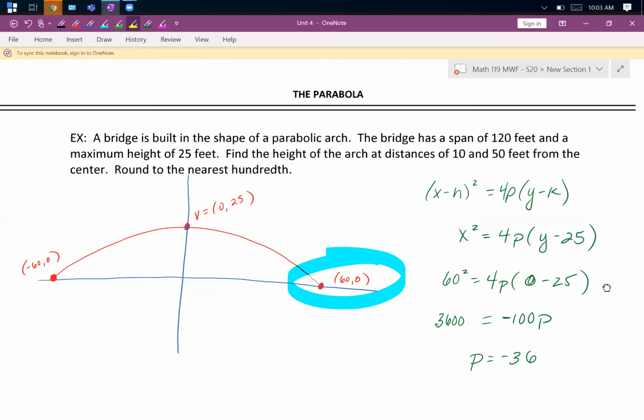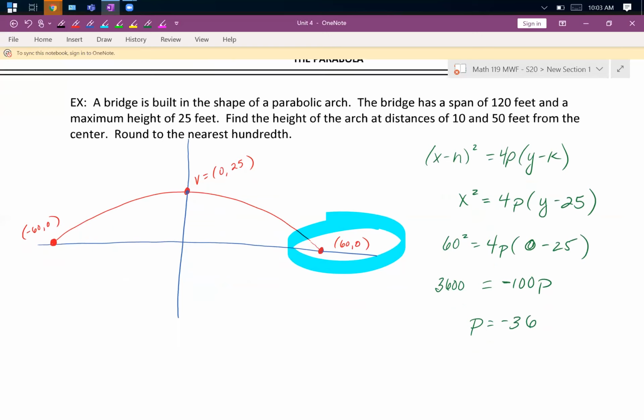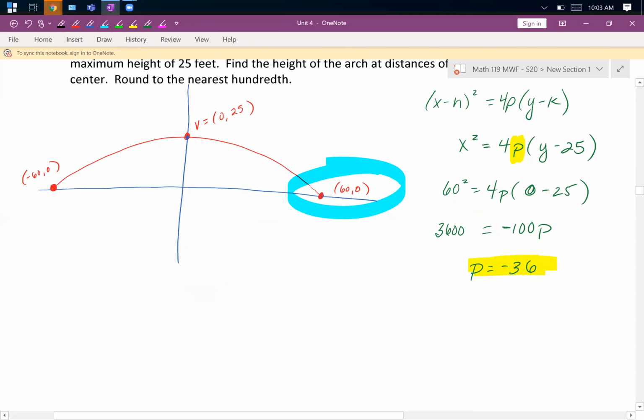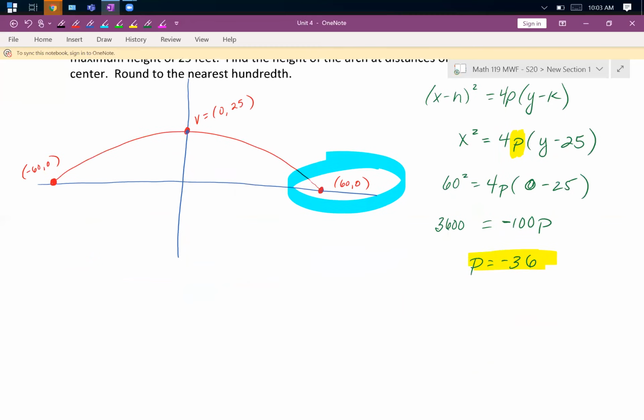So we get that negative p-value like we anticipated. To get our equation, we're just taking this number and plugging it in here for p, and we'll have our equation for this parabola. That's going to be x squared equals 4 times negative 36 times y minus 25.